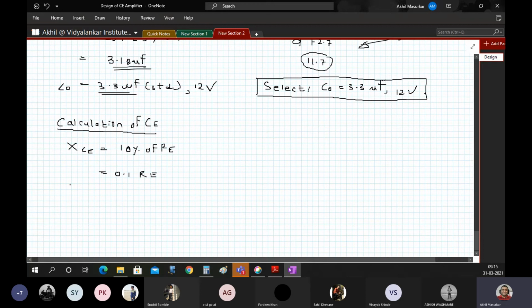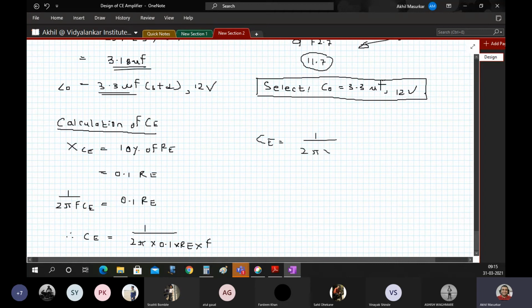So XCE means 1 upon 2 pi fCE is equal to 0.1 times RE. Therefore, CE is 1 upon 2 pi into 0.1 into RE into f. So CE would be equal to 1 upon 2 pi into 0.1 into 1.2 into 10 raised to 3 into 20.